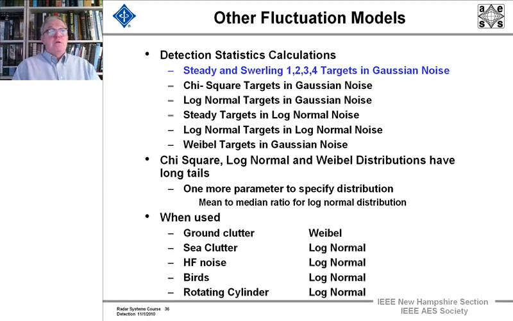But there are other targets or noise entities that fluctuate differently than the swirling targets. They have longer tails physically. And there are two kinds of models that have been used greatly for both clutter and noise, where you have long tails.